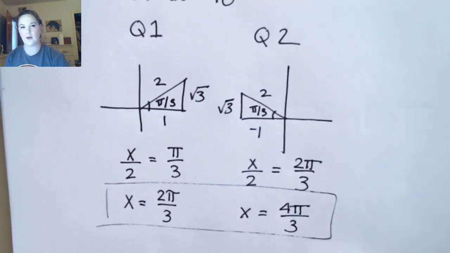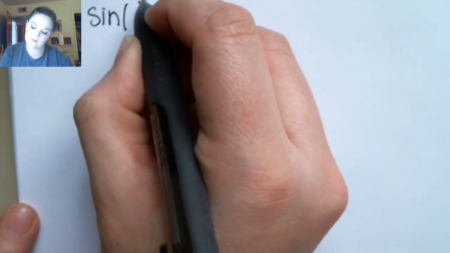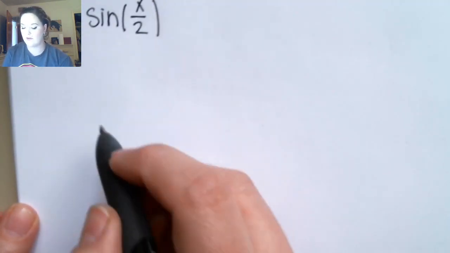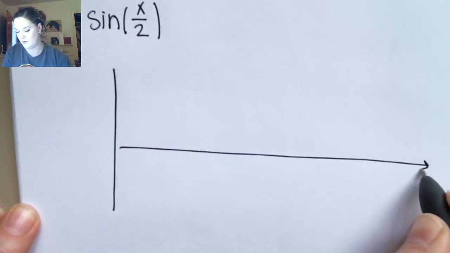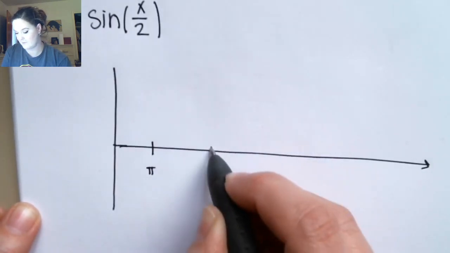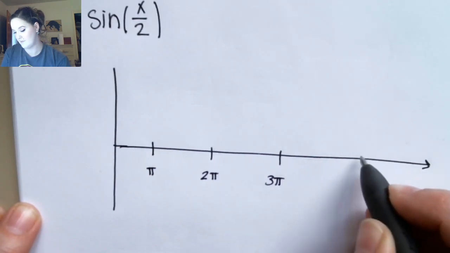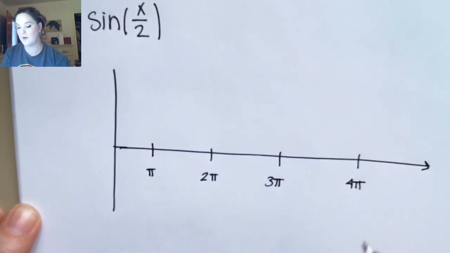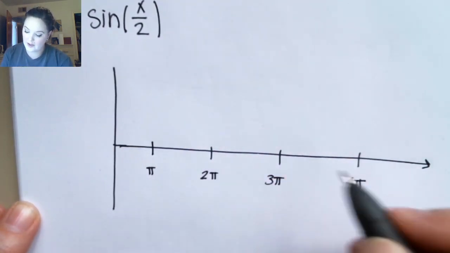Why does that happen? Well, let's look at the graph of sine of x over 2. So this is going to stretch the graph out times 2. So instead of going between 0 and 2 pi, I'm looking at 0 and 4 pi.